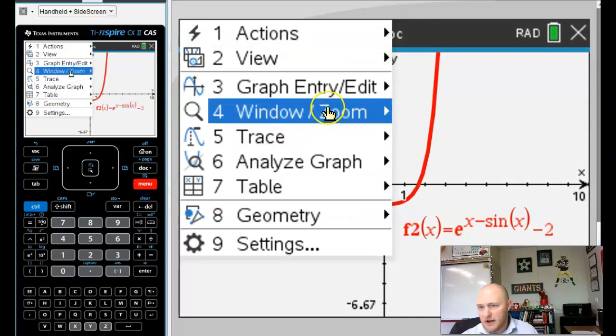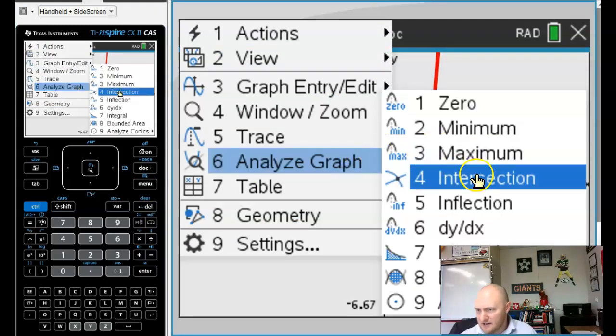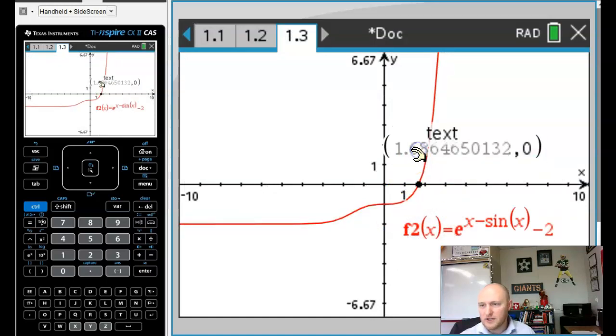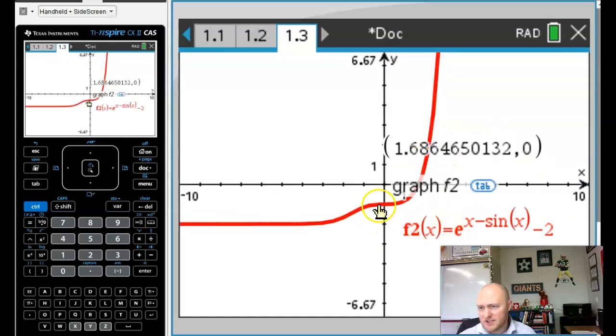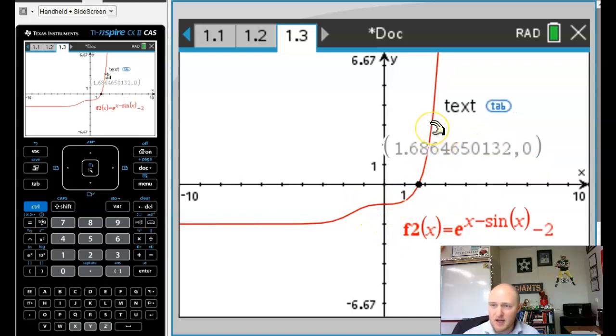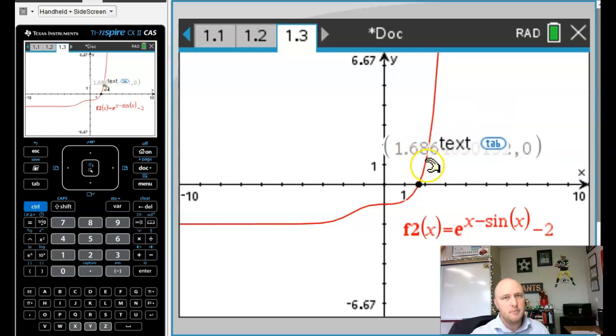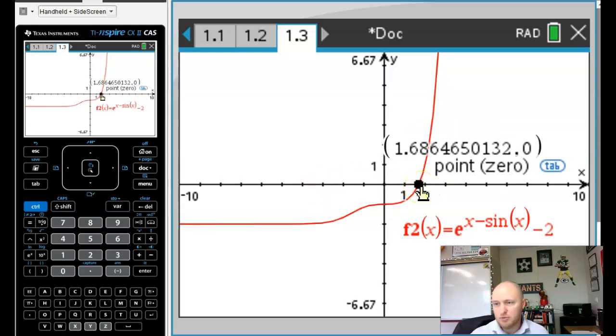Okay, you need to go ahead and analyze your graph and find the 0, which happens here at 1.686. So notice g prime is negative and then it's positive. Decreasing function and then it's increasing. 1.686 is a relative minimum. Also, our function is decreasing on that interval from -2 up until this point because g prime is less than or equal to 0. All right, there you have it.